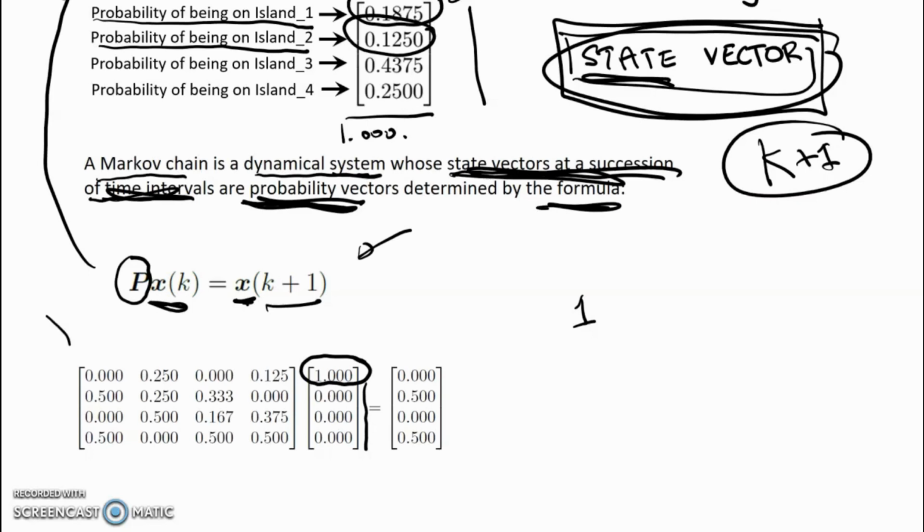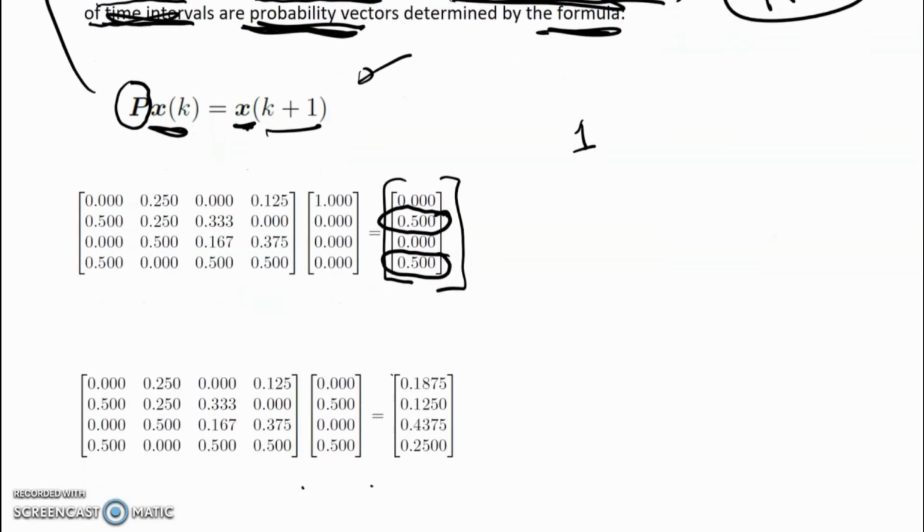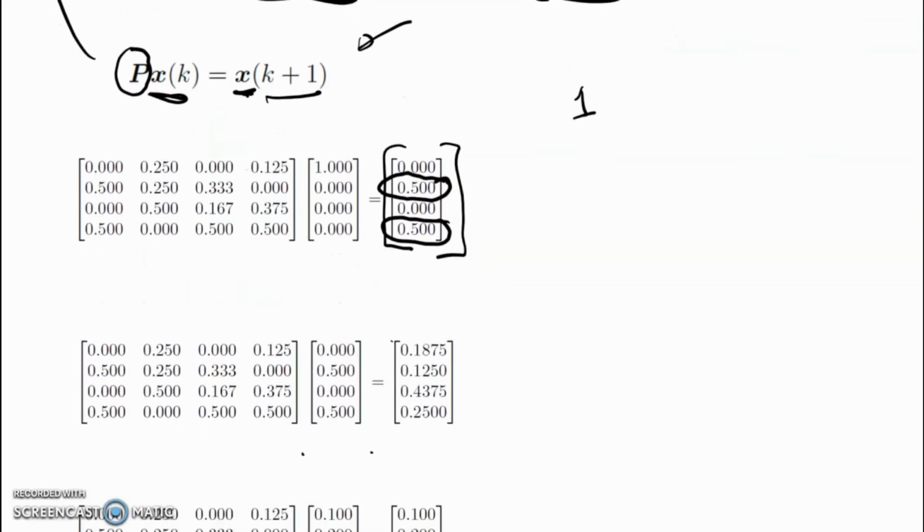So when we multiply our transition matrix by our state vector, we get a new state vector that shows the probability of the politician being on different islands at the next time. And so what we see is the next time there'd be a 50% chance that the politician would be on the second island and a 50% chance that the politician would be on the fourth island. And so we can continue this on.